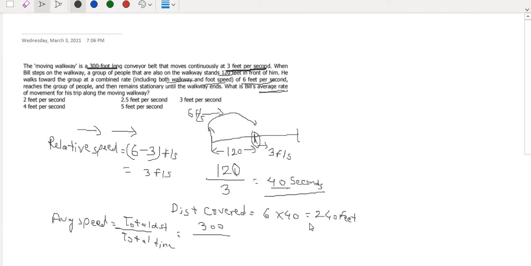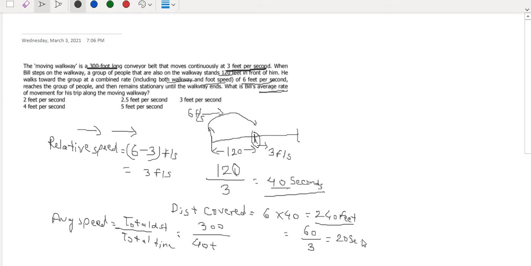We know that 240 feet is covered by Bill in 40 seconds, but there is some more distance remaining that he covers along with the group at the speed of the walkway, which is 3. So the remaining distance will be 300 minus 240, which is 60, divided by 3, so 20 seconds.